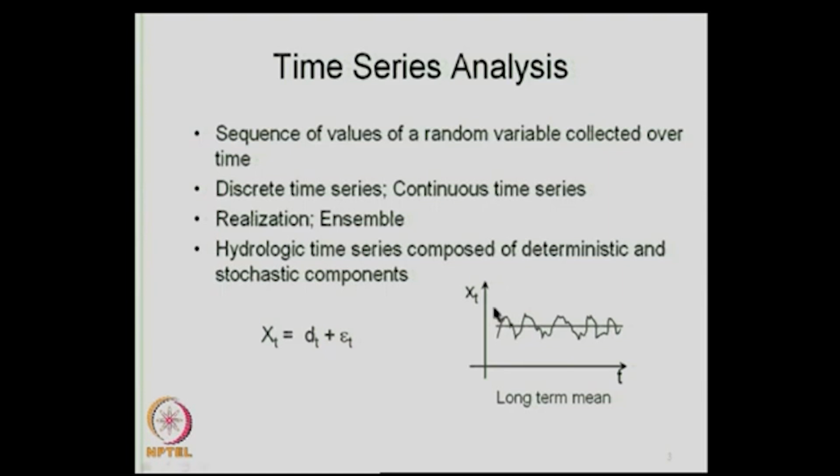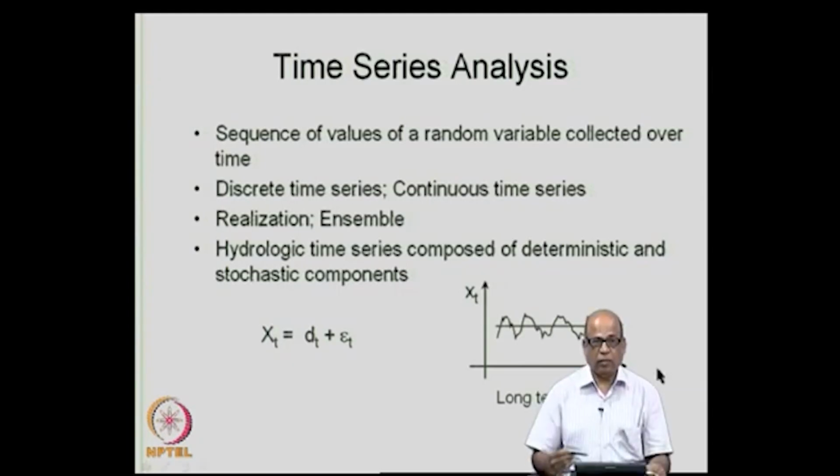Like that, we may have several such realizations, for example, stream flows between 1940 to 1970, 1970 to 1990, 1990 to 2005, etc. The collection of all such available realizations is called an ensemble.